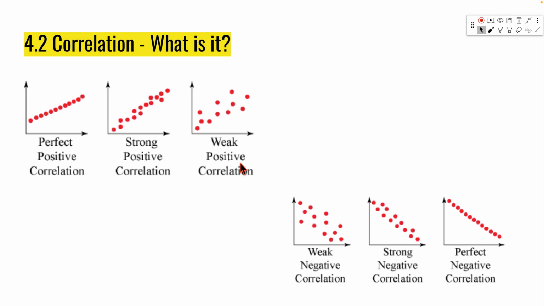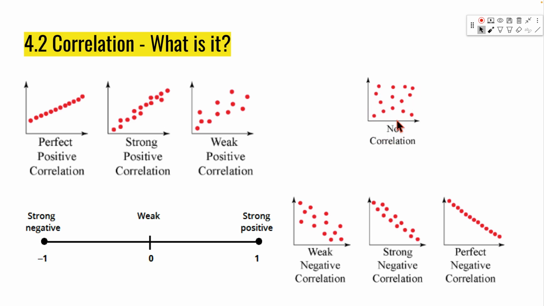Golf is a game where the better you are, the lower your score. So the more you practice, the lower your score. That would be a negative correlation. The other one is weightlifting: the more you practice, the more weight you can lift. That's a positive correlation. And then there's no correlation, where it just looks random. You could almost draw any line through this, and none of them are going to be good.